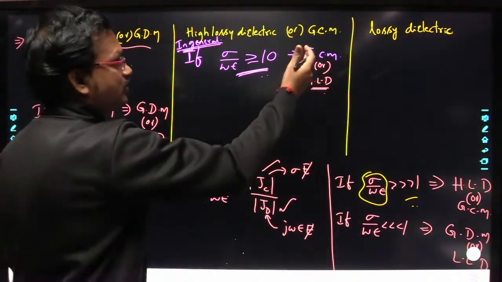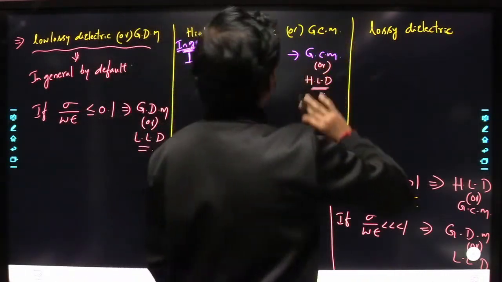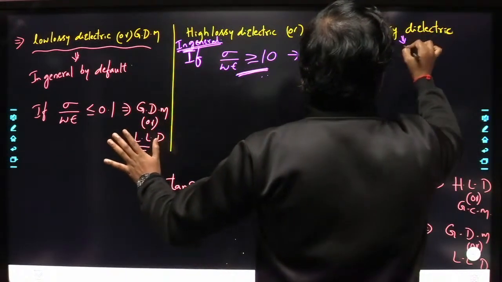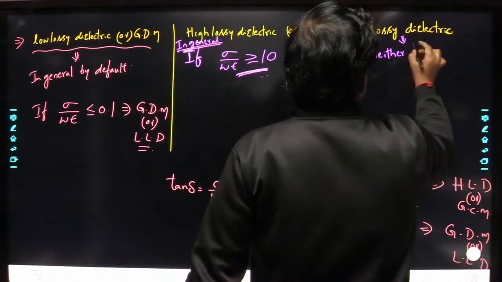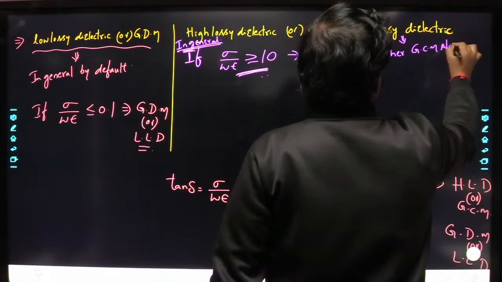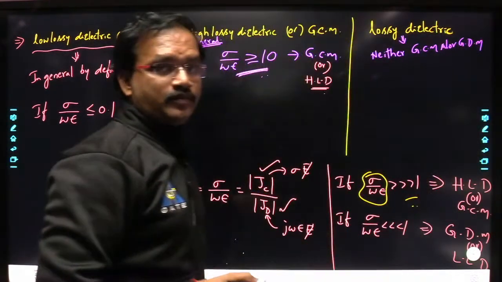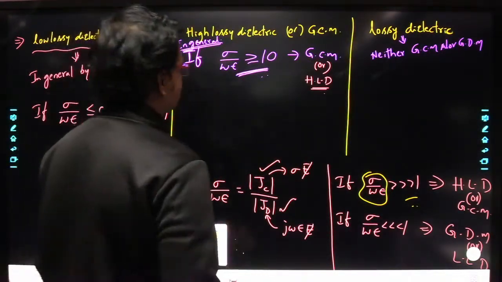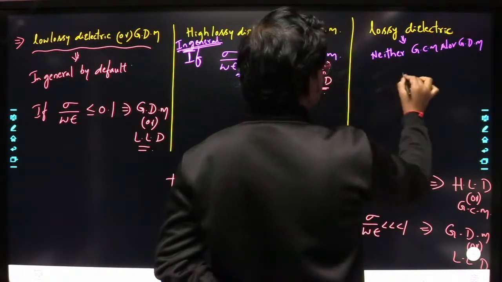Next, what do you mean if they simply say lossy dielectric? Then it is neither a good conducting medium nor a good dielectric medium. So what is the range of sigma by omega epsilon?